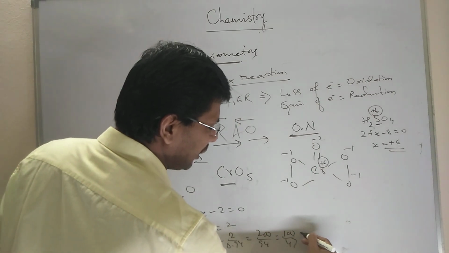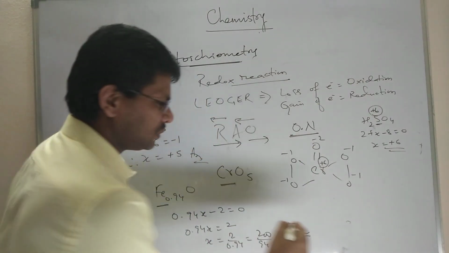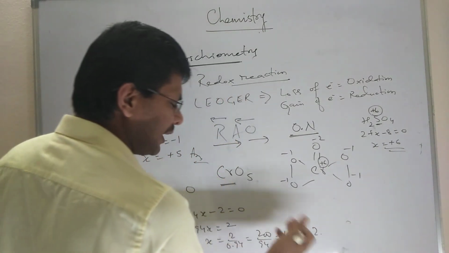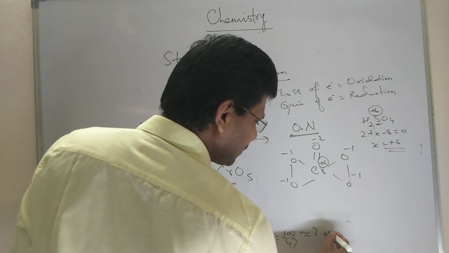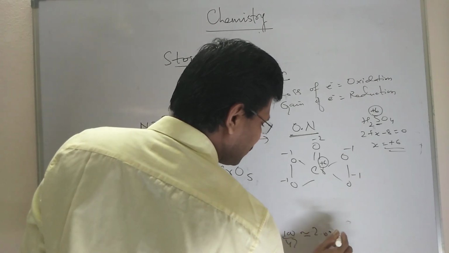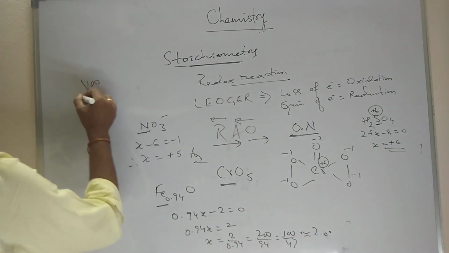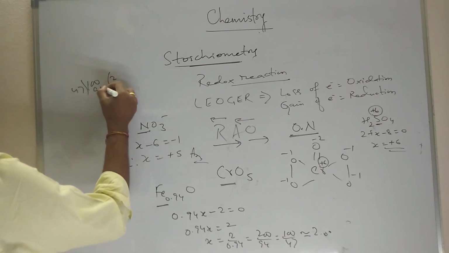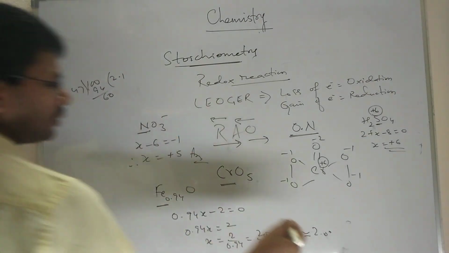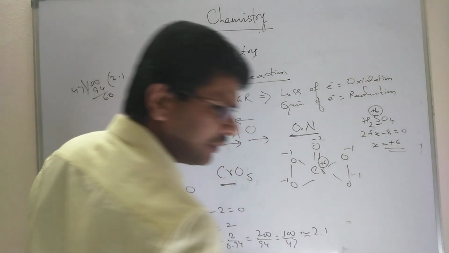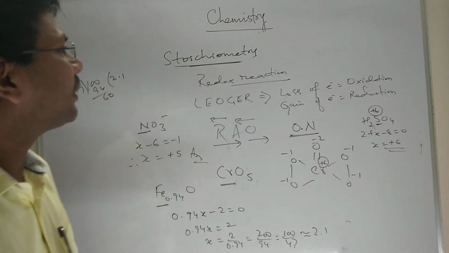So it will be nearly more than 2, approximately 2.1 or something. So this way you can solve the question of non-stoichiometry.